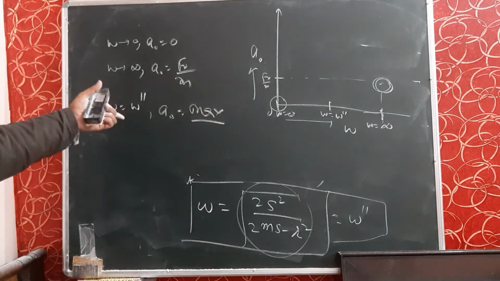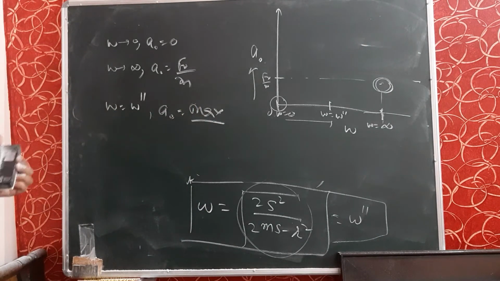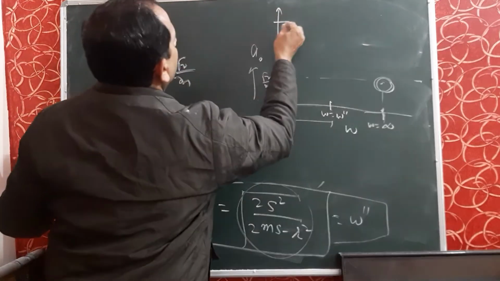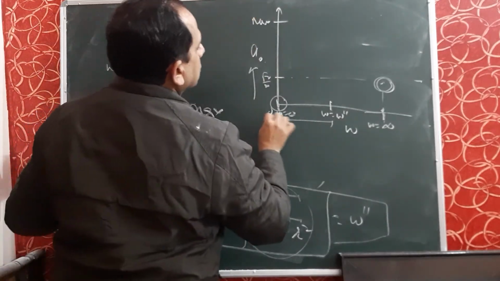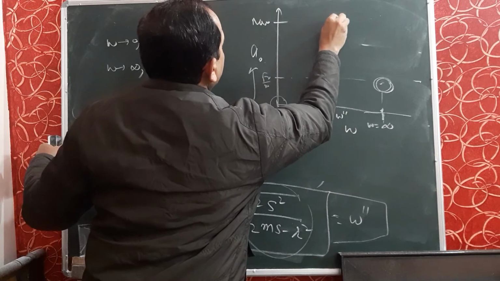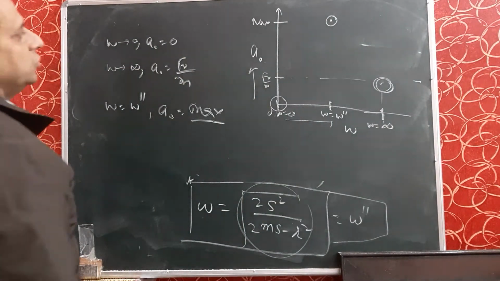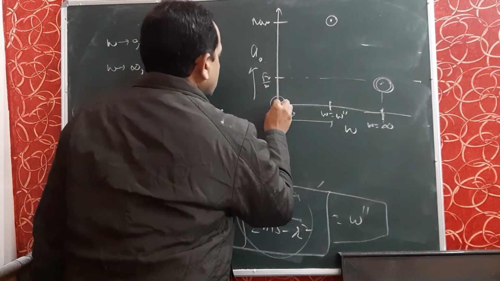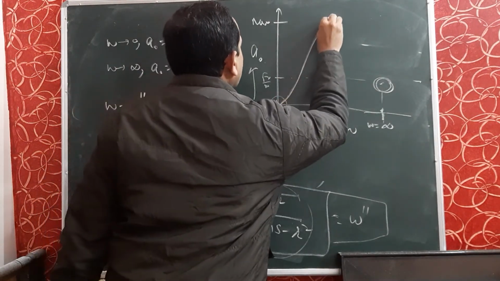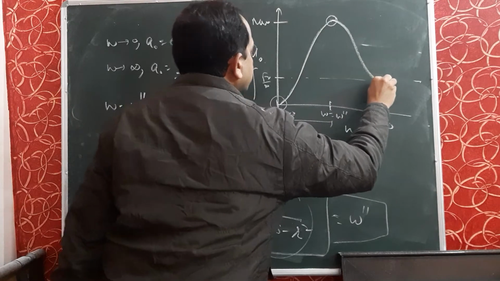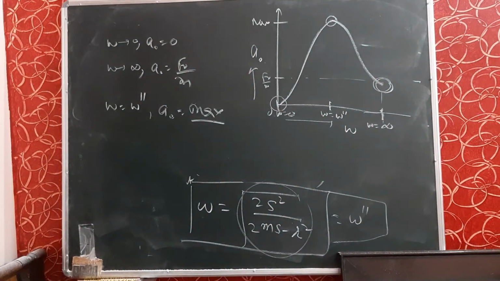I have not solved for the maximum value, but its value is maximum. So the omega double dash point will show at that position, and we can plot the graph, this type of graph. This type of graph is obtained in case of acceleration versus omega.